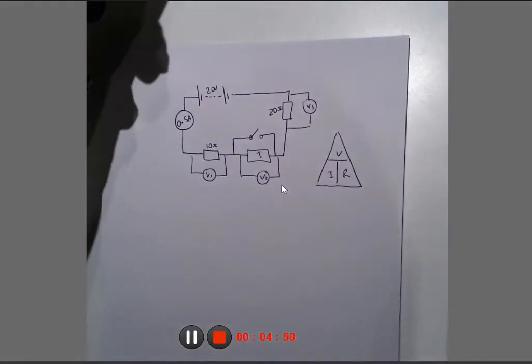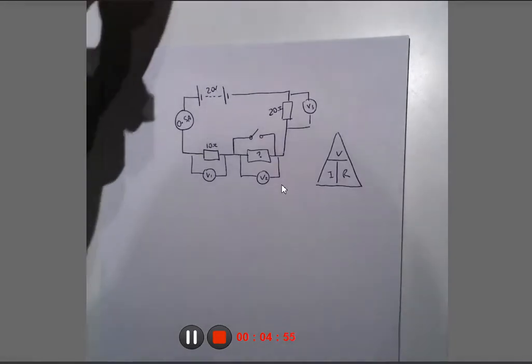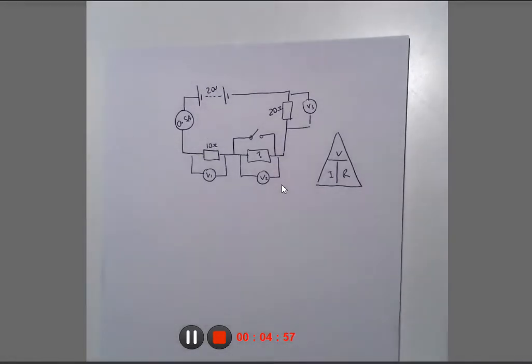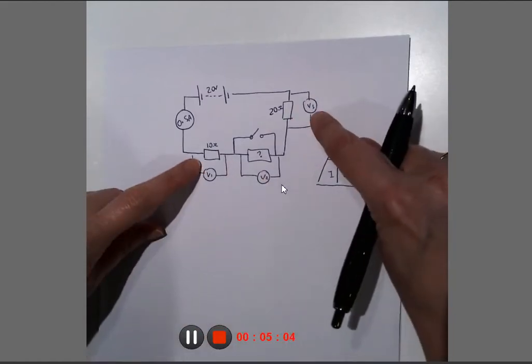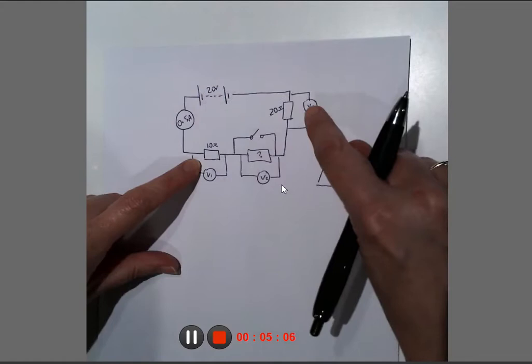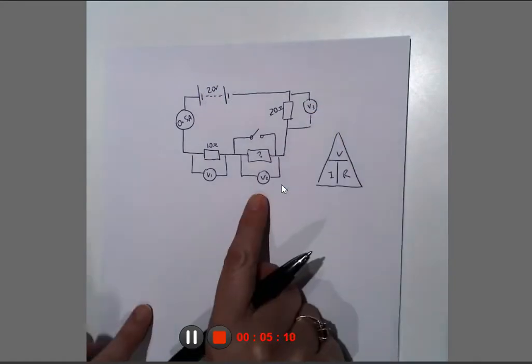So V = IR. So what I'm going to do is figure out the voltage across these two resistors, so V1 and V3, because I know the total's 20, so if I figure out what V1 and V3 are, I could then figure out number 2.